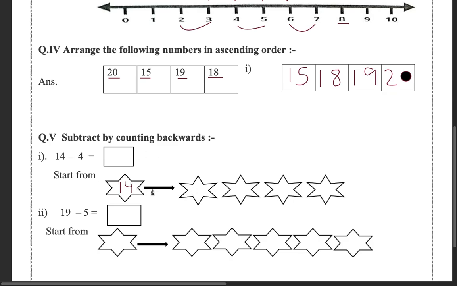So what comes before 14? 13, 12, 11 and 10. So the answer for 14 minus 4 is 10.